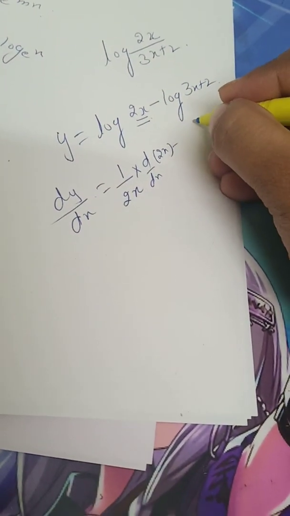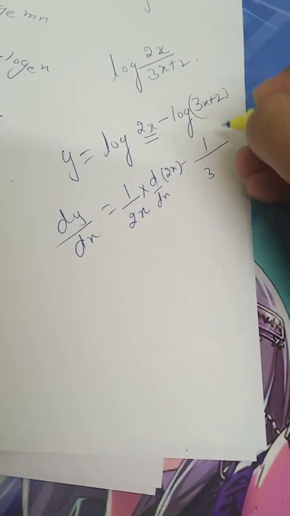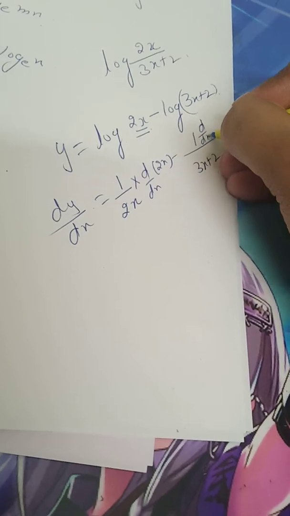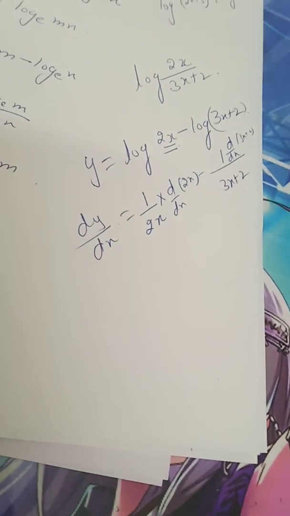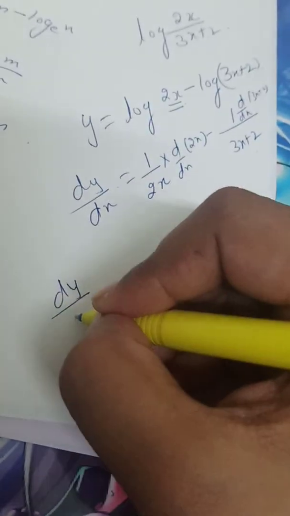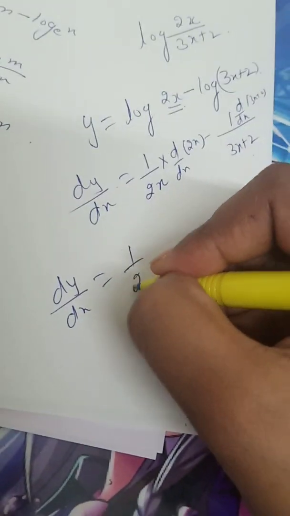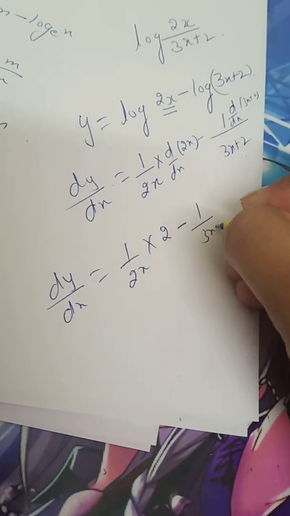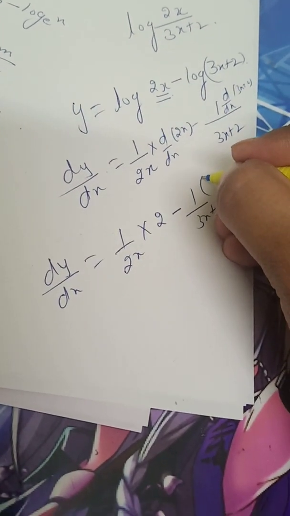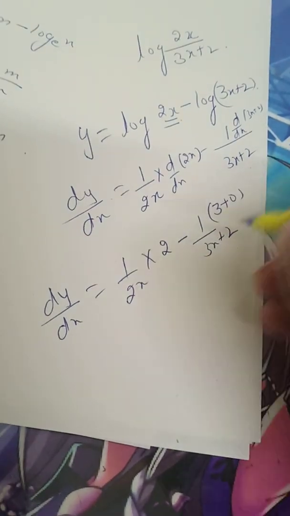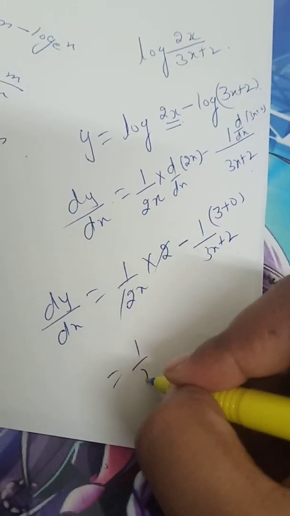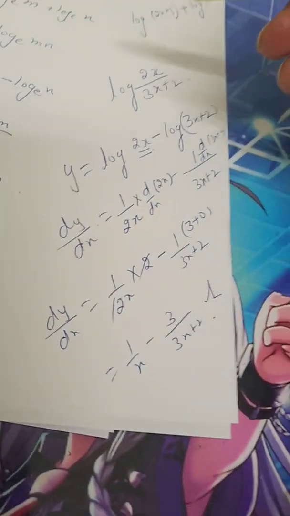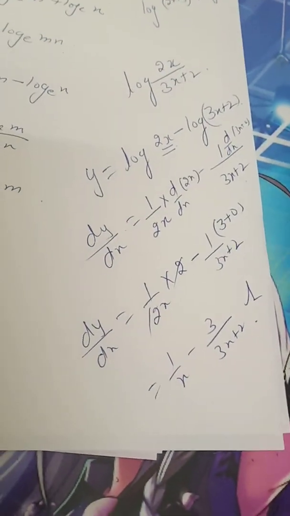And similarly find the derivative of log of the 3x plus 2 function. 3x plus 2 as it is, then the derivative of 3x plus 2. Now here dy upon dx is 1 by 2x, the derivative of 2x is 2, minus 1 upon 3x plus 2, the derivative of 3x plus 2 is 3 plus 0. Cancel, 1 by x minus 3 upon 3x plus 2. Students, in this way we will solve the questions.